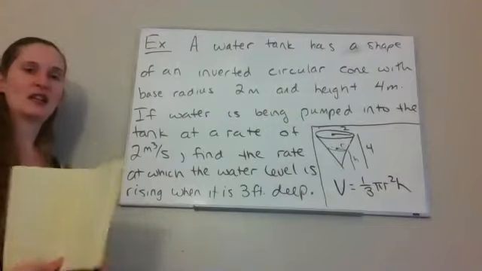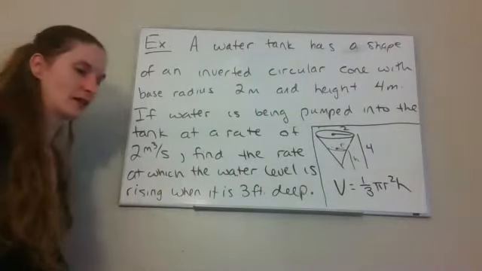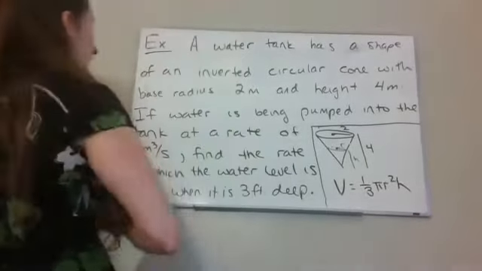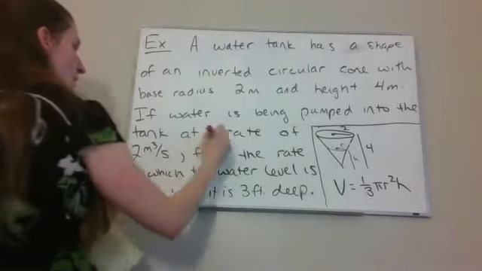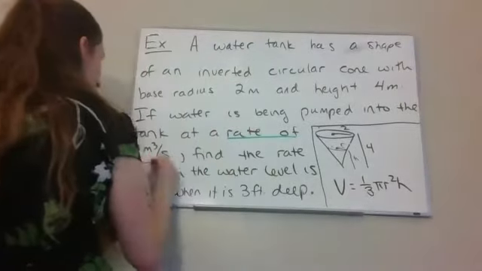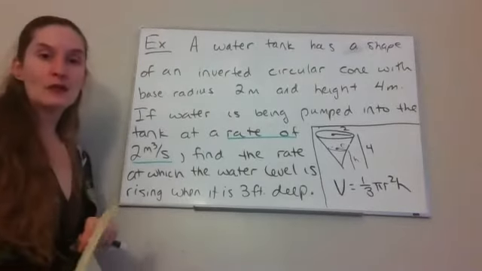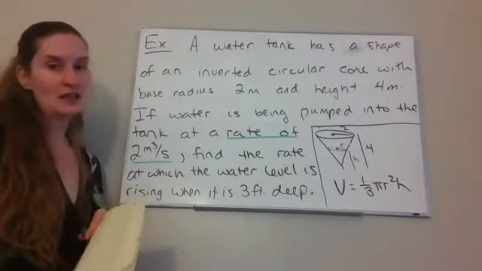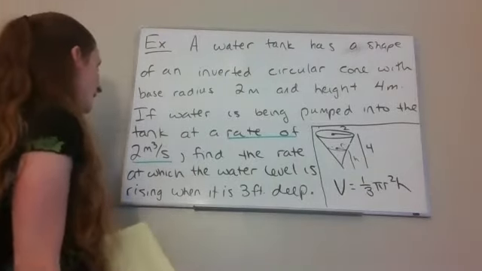And let's take a look in this problem. What are the things we know? And we'll write it down after I erase everything. But things that I know is, I know that water is being pumped in at a rate of 2 cubic meters per second. That's going to be dV/dt. The volume is changing at a rate of 2 cubic meters per second.